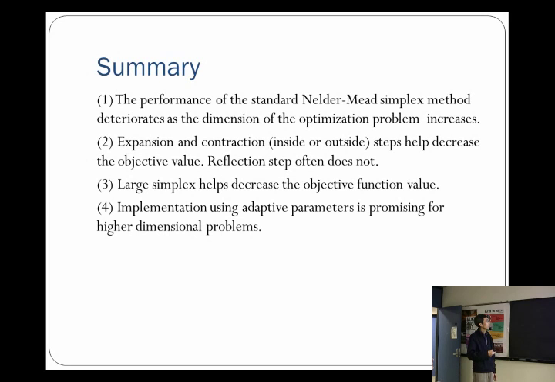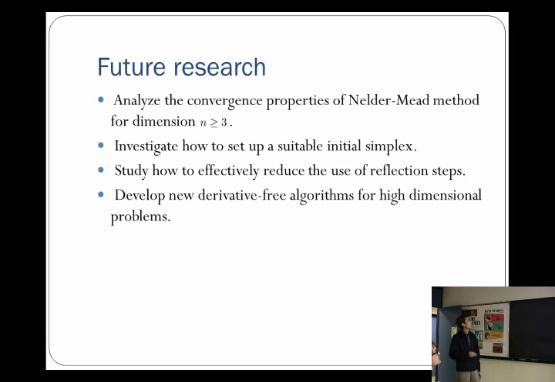A large simplex helps decrease the objective function value. Implementation using adaptive parameters is promising for higher dimensional problems. Here are some future research problems. Study the convergence properties of the original Nelder-Mead method for dimension greater than or equal to 3.